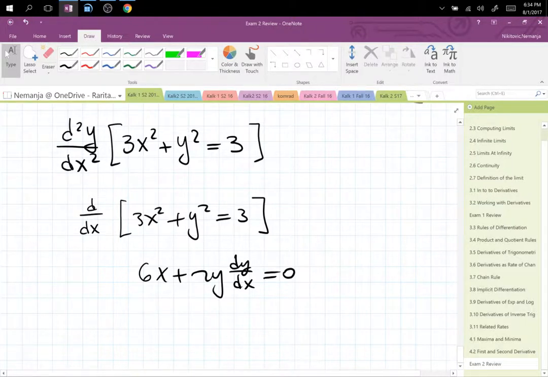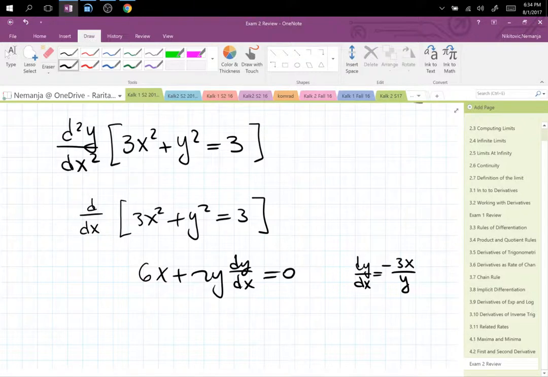From here, we say that dy/dx is equal to negative 3x over y, right? How did you get that? I just solve for dy/dx. Move 6x to the other side, it becomes negative, divided by 2y, 6 and 2 cancel. Oh, yeah.